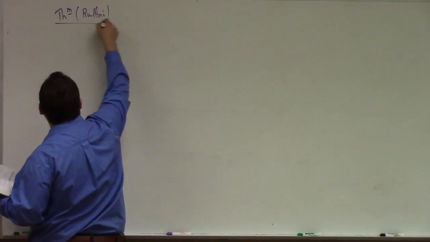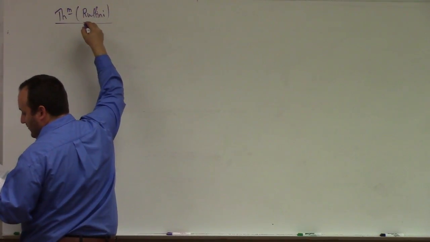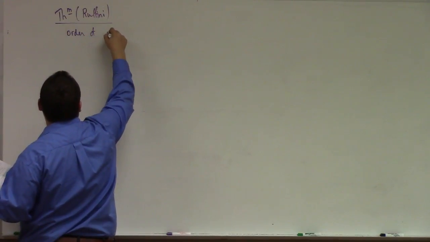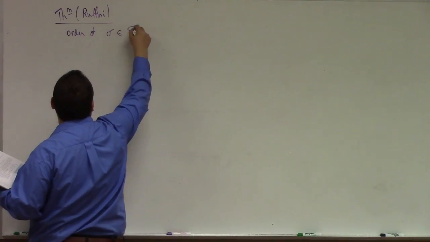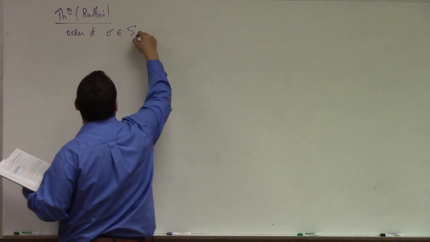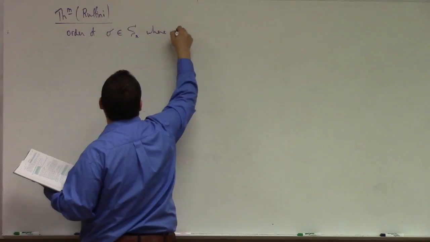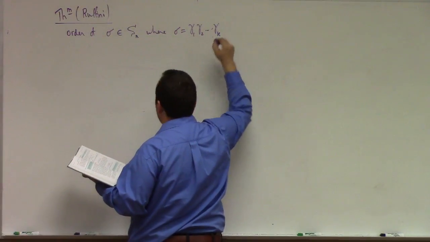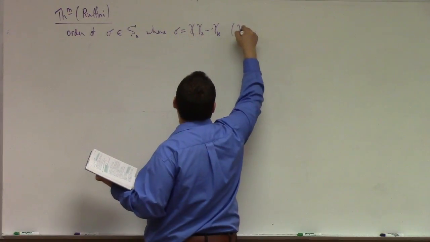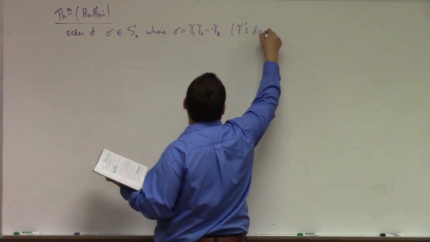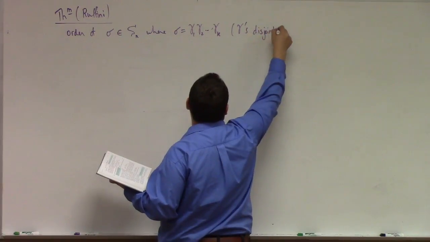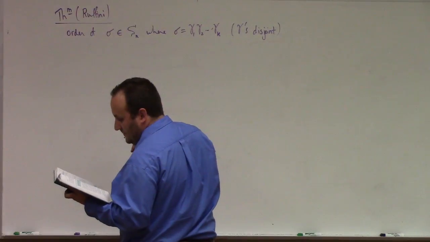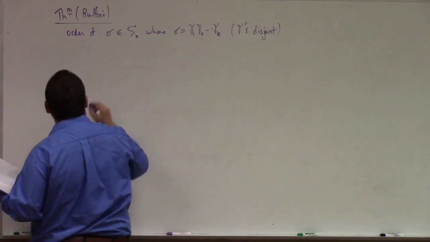It simply says the following: the order of a permutation sigma in Sn, where sigma is equal to gamma 1, gamma 2, gamma k, disjoint. Suppose that those are disjoint cycles, as we talked about last time. If you have sigma as a product of k disjoint cycles, then what's the order?